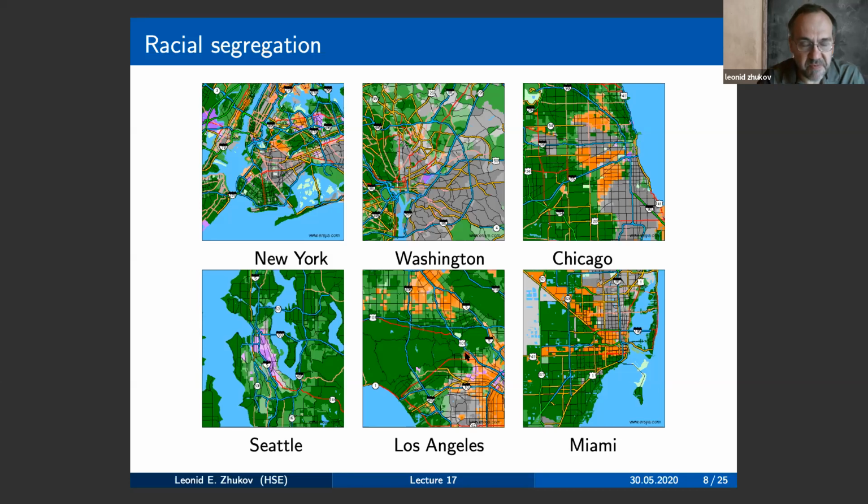So if you look at those cities, the way it's color coded is that the black population is shown in a gray color, white population is in green, and orange. Can somebody guess the orange color? Who are these guys? Maybe Hispanic, Latino. Yeah, it's the Latino population.